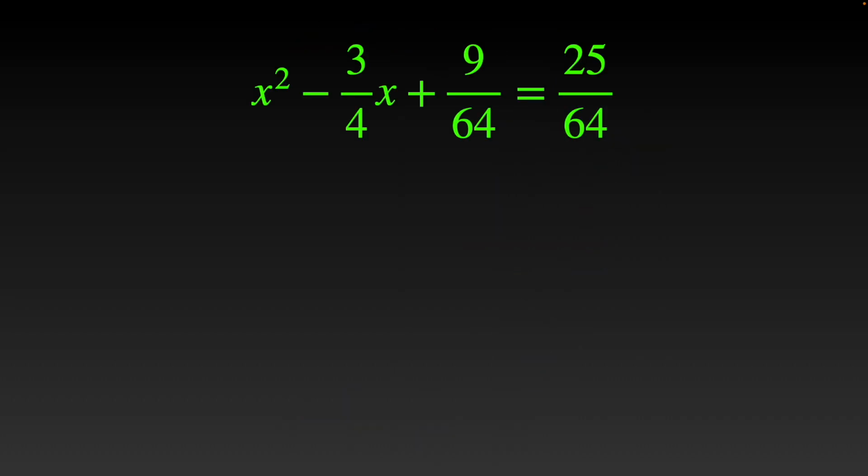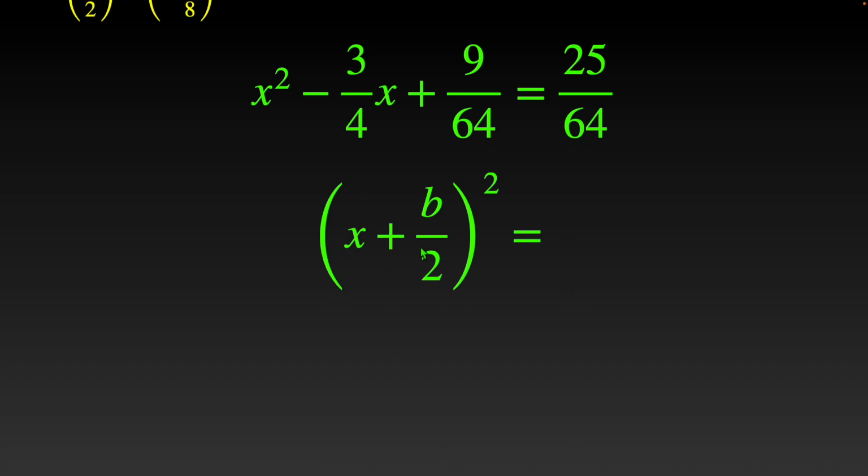This is our equation from the previous line. Now let's focus on the left-hand side. We want to factor the left-hand side. How do we factor it? Well, the completing the square rule is telling us we're going to factor it the following way. x plus b over 2, squared.